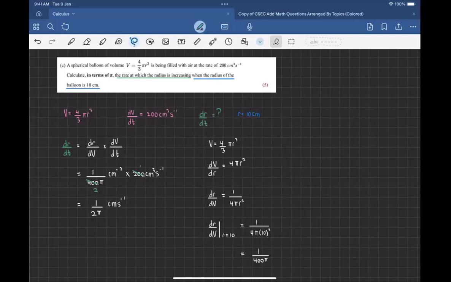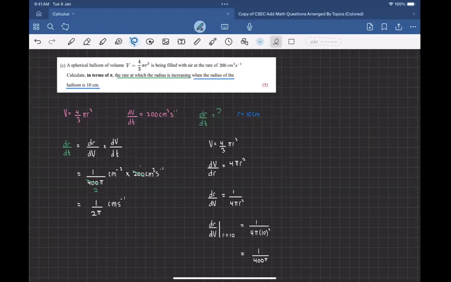Yeah. So in this question, they told you it's being filled at a rate of 200 centimeter cube per second. Centimeter cube is volume, s is time. So dVdt. Next, you need to pull out what they're asking you and write it in differential form. So that's dRdt. They told you what the radius is.